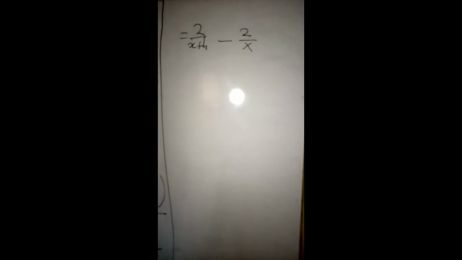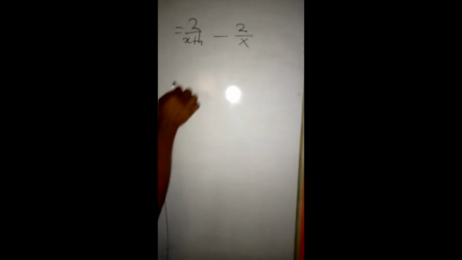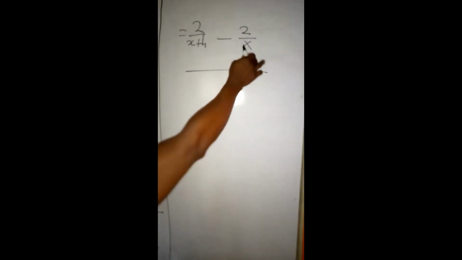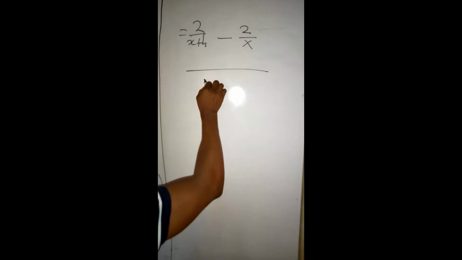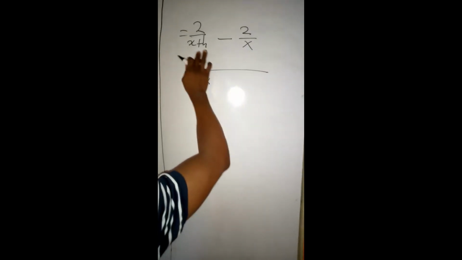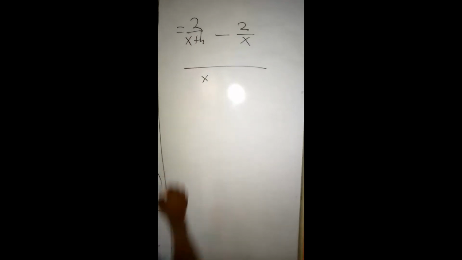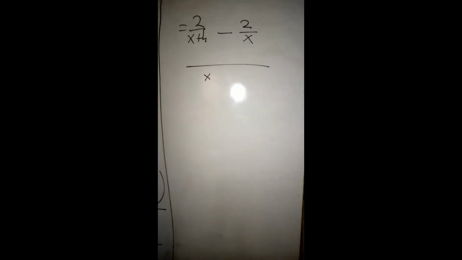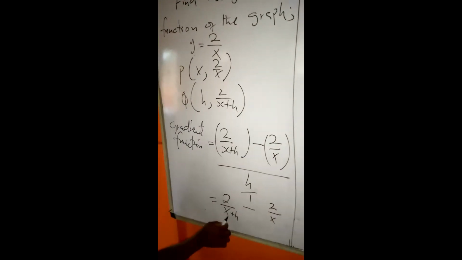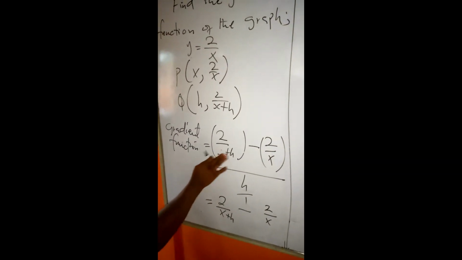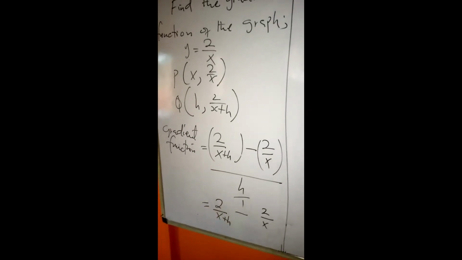So now we want to treat this fraction. Your LCM for these denominators is simply x times x plus h. Let's be consistent with our mode of writing, so that by the time we are doing our subtraction and addition, we don't have two different sums.